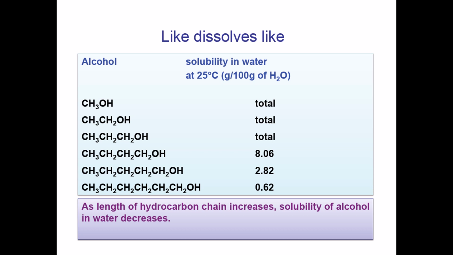This hydrocarbon chain becomes more important. It creates more interactions with neighbors. It has greater surface area that is nonpolar. And eventually, even though it's an alcohol, long hydrocarbon chain alcohols become predominantly nonpolar and insoluble in water.